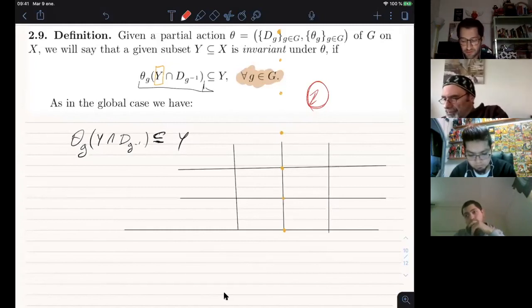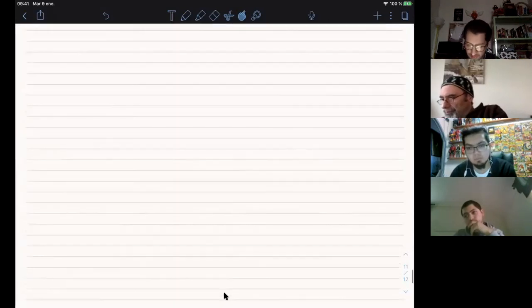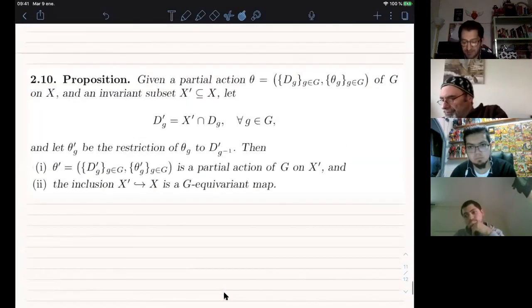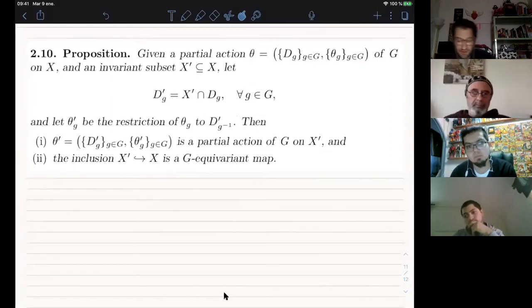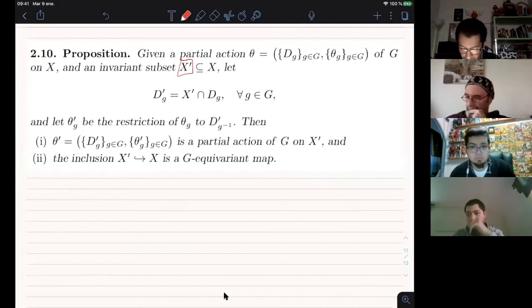And this is the notion that we need, because this is why we need invariant sets to define what is going to be a sub-partial action. And here we can consider this as the ray starting at the bottom, the discrete ray. And the new action is going to be a restriction in this space.